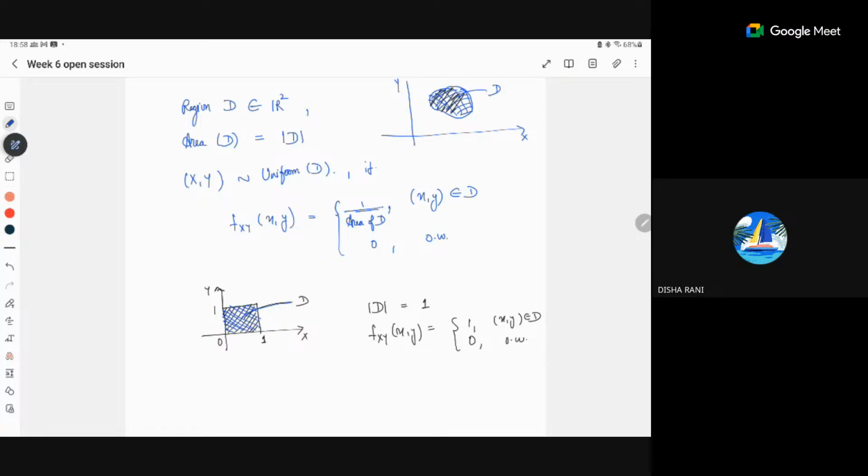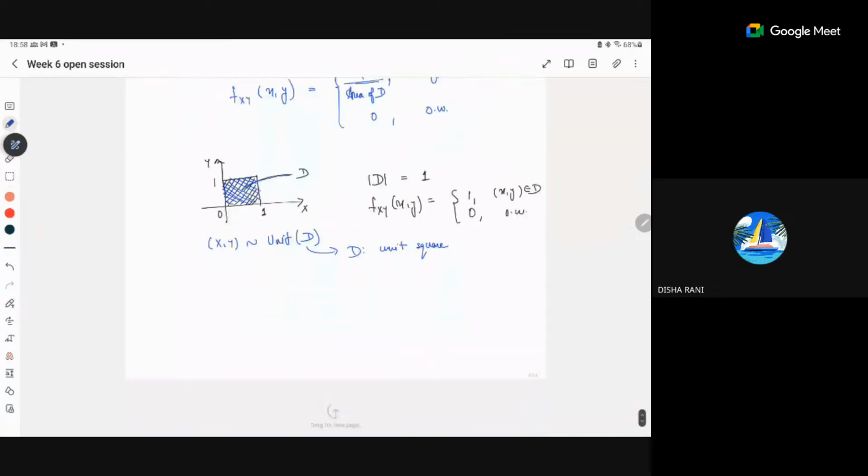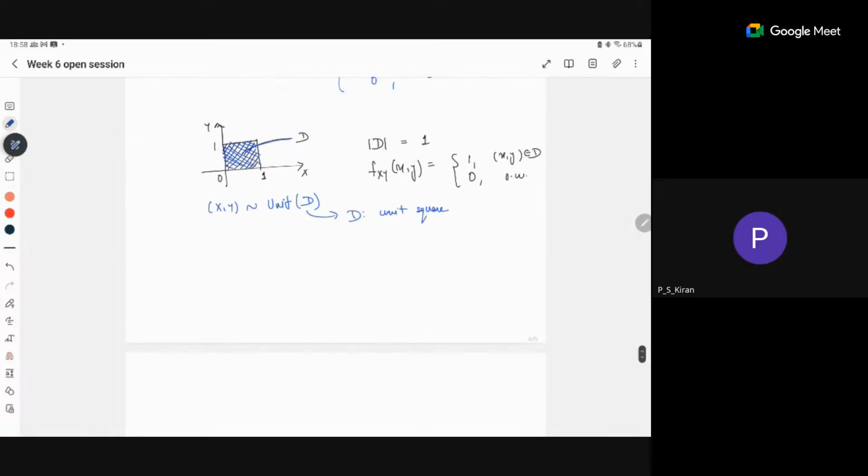So what should be the joint PDF? It is 1 upon 1, which is 1. For xy belonging to D, if my joint PDF comes out to be 1, it means xy was uniform in D. And D is the unit square, so area of D is 1.